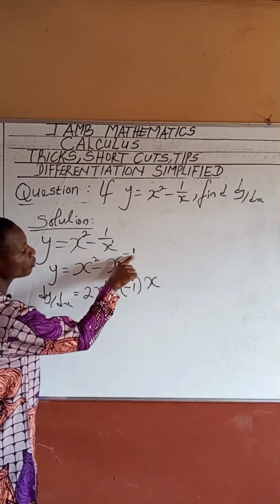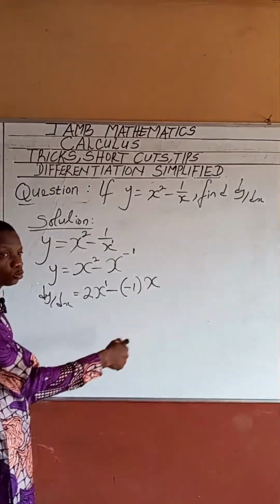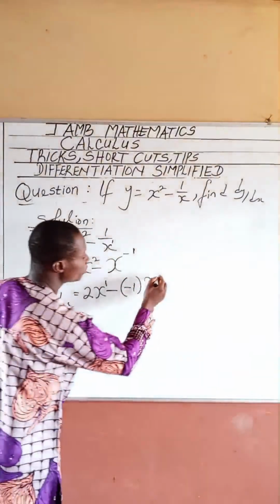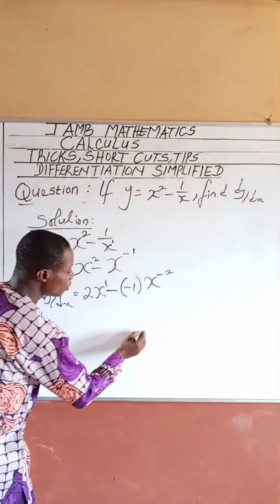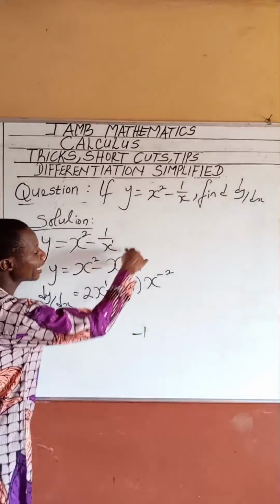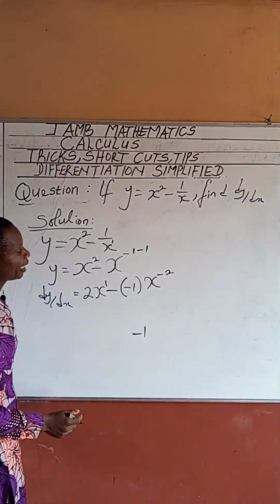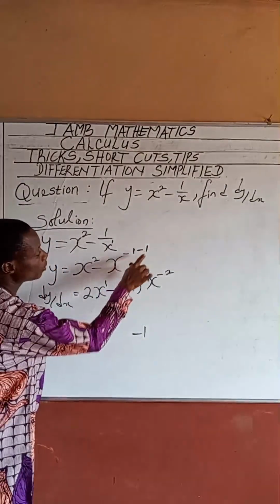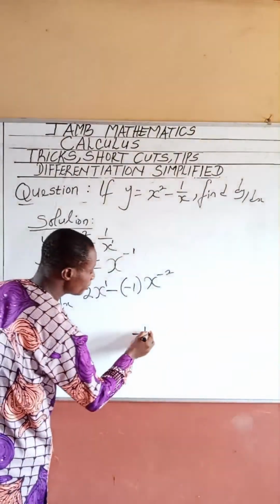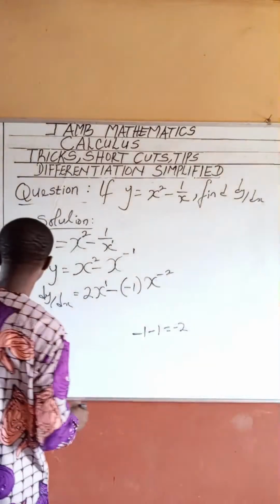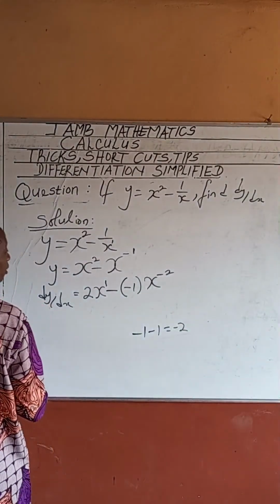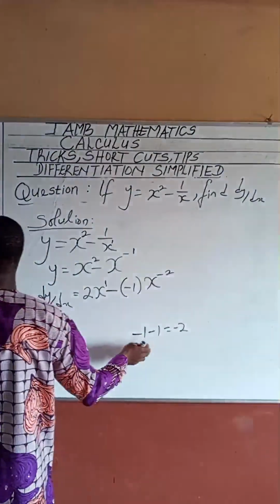Subtract 1 from minus 1, it becomes minus 2. Remember, when you have minus 1 and you subtract another minus 1, you bring in minus 1 again. It becomes another minus 1 here, which is minus 2.